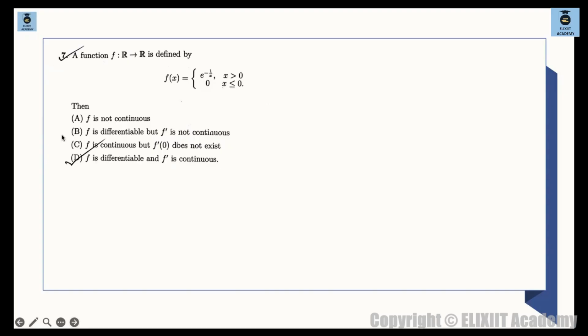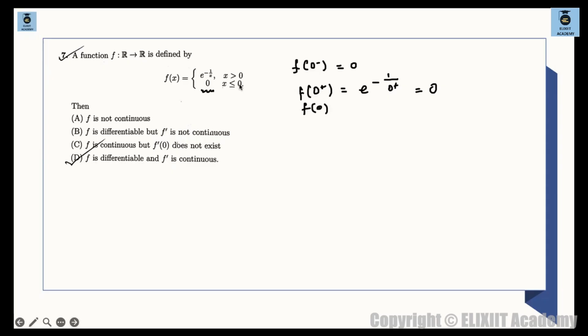First, some things are visible from here: f of 0 minus will be 0 only, since we consider this branch for 0 minus. For f of 0 plus we consider the upper branch, e raised to the power of minus 1 upon x, so e raised to the power of minus 1 upon 0 plus. 1 upon 0 plus will tend to infinity, and with the minus sign this tends to minus infinity, so e raised to the power of minus infinity will tend to 0.